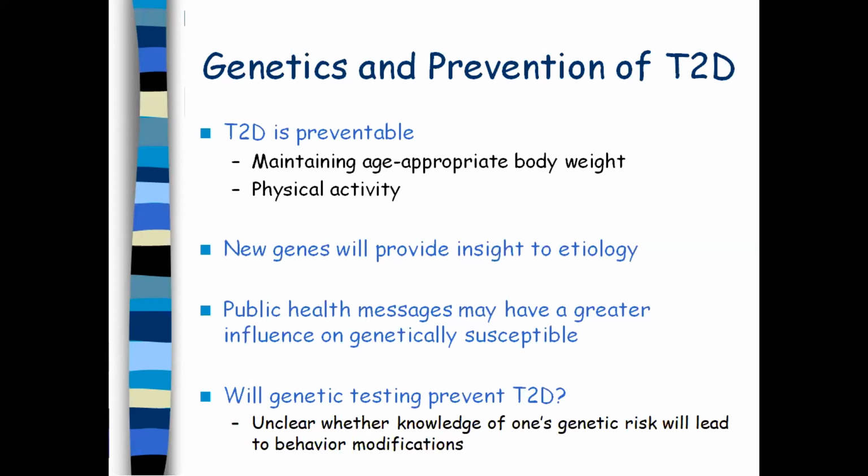First one, maintaining an appropriate body weight, exercise, then new genes or screening will provide insight into the etiology, what is the exact cause of type 2 diabetes, where addition or deletion takes place, or what are the mutations, or where is the absence of specific genes in which chromosome, will give us the exact idea into the cause of diabetes, that is the genetic etiological cause of diabetes. Then public health message and having the genetic testing.